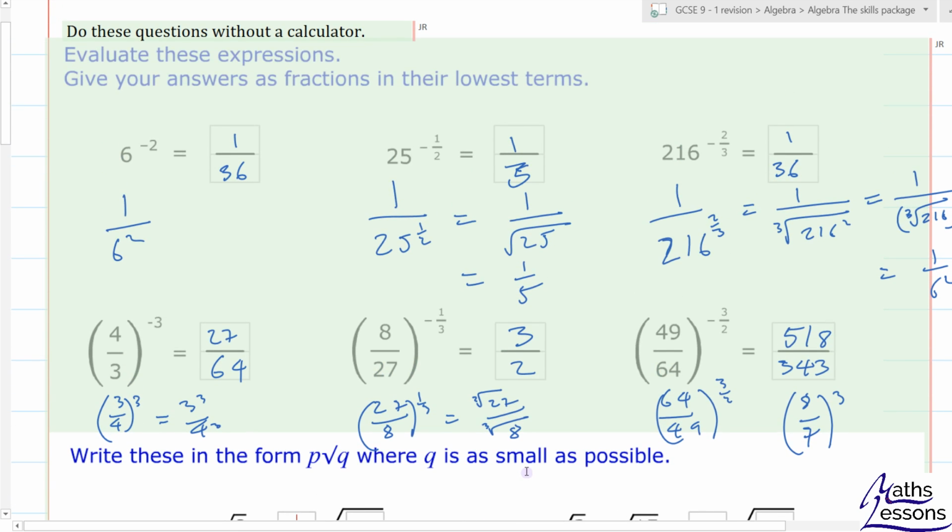And that's the sort of standard you're expected to be able to do it at. I wouldn't expect you to know 8 cubed and 7 cubed off the top of your heads, but you can easily square 8 and square 7 and then times.